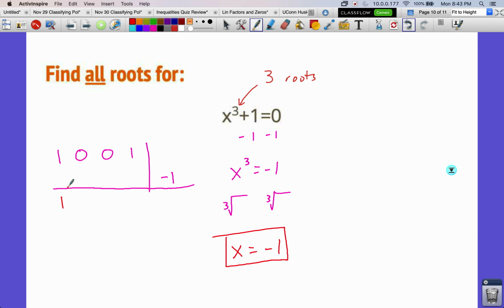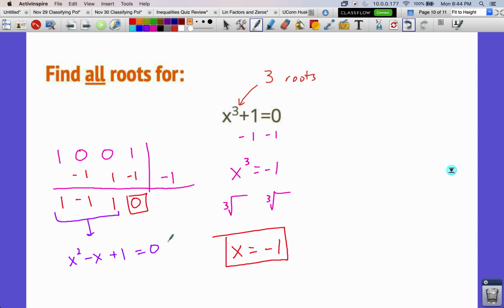All right, I drop down the 1, multiply, I get a negative 1, add, negative 1, multiply 1, add 1, multiply negative 1, add 0. We knew it was going to be a 0 because this is a root. But now this gives us the coefficients for a quadratic, x squared minus x plus 1.